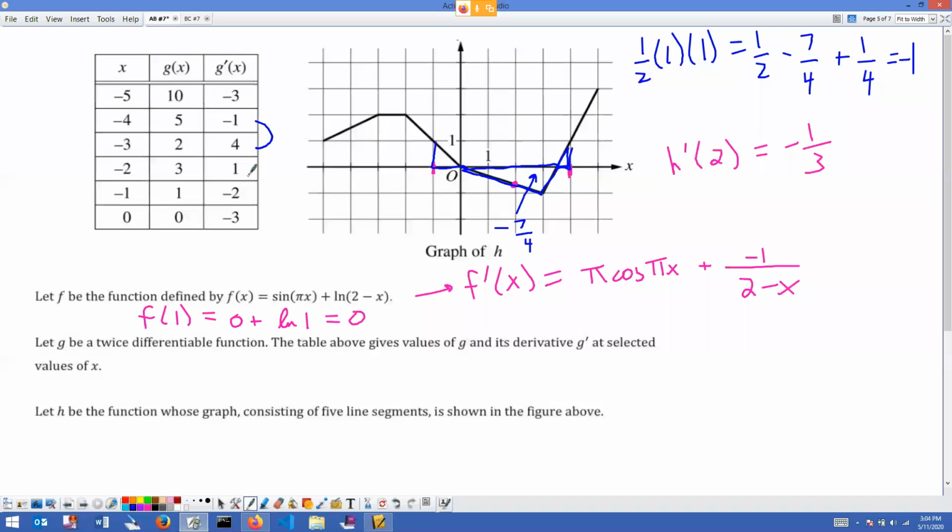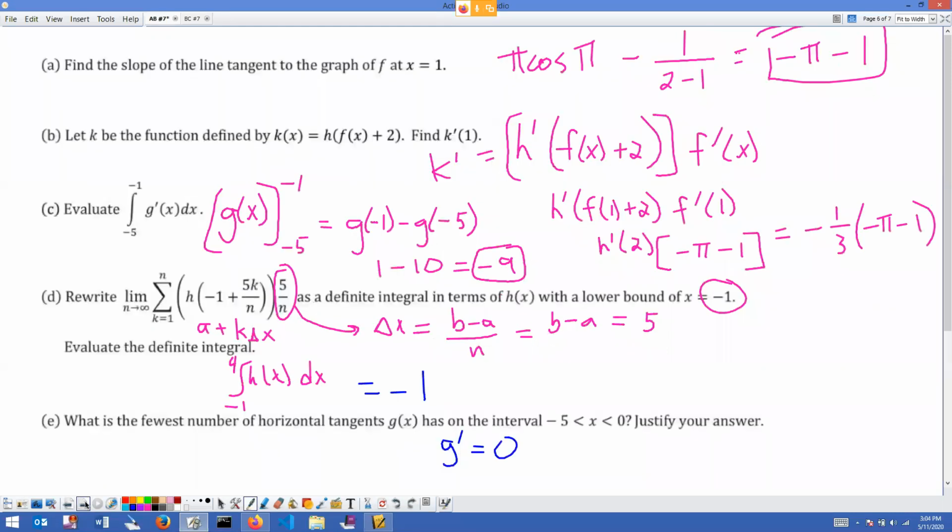And from 1 to -2, it crossed back through again, so there's a second time. So the fewest number of horizontal tangents that it could possibly have is 2 on that interval from -5 to 0. Does that make sense? Any questions on that?